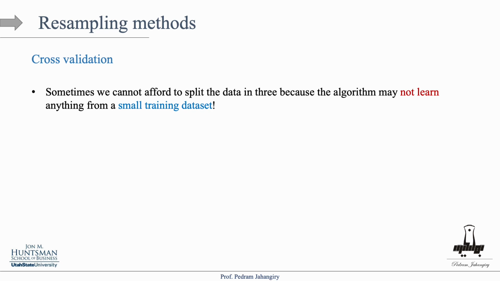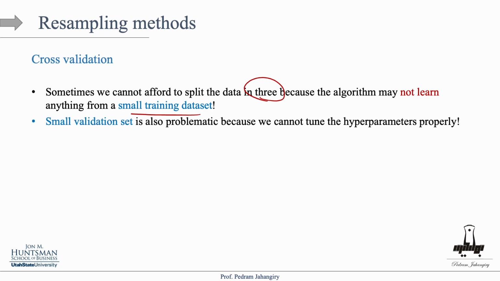So sometimes, as we said, we cannot afford to split the data into three parts because the algorithm may not learn anything from a small training data set, right? So let's see what I mean by that. Remember, the algorithm is going to learn the relationship between variables, basically the patterns in the data, by going over the train set, right?